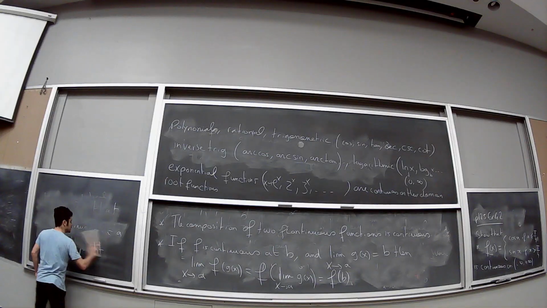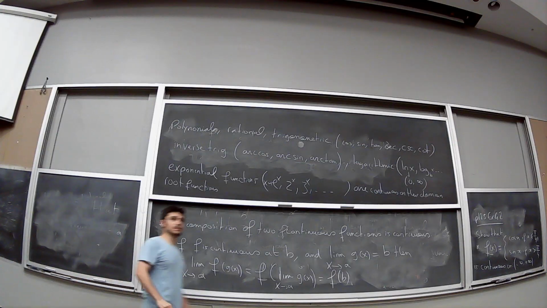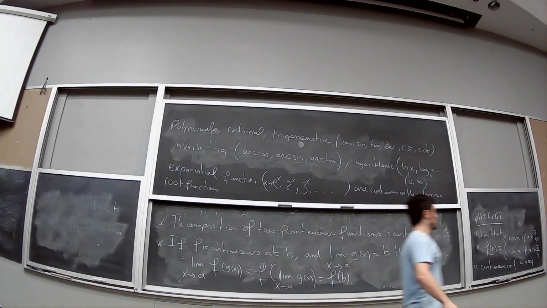I have a function here that is defined in a piecewise way, right? It's a piecewise defined function. We agree? Okay. Now, is cos continuous? Cos is a trigonometric function, right? It's continuous at every point in its domain. Is sine continuous? Yes.